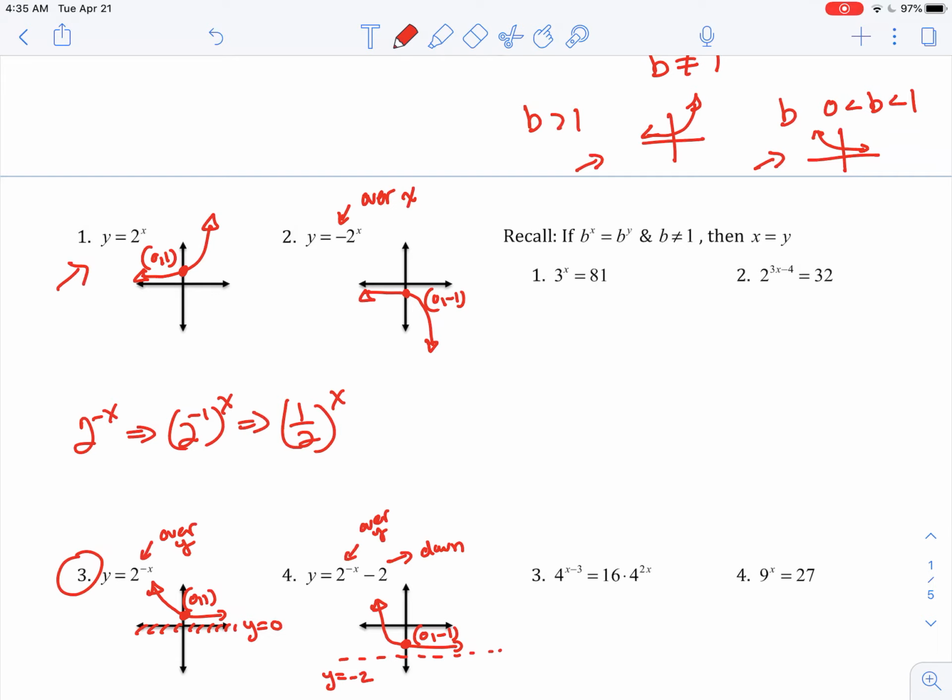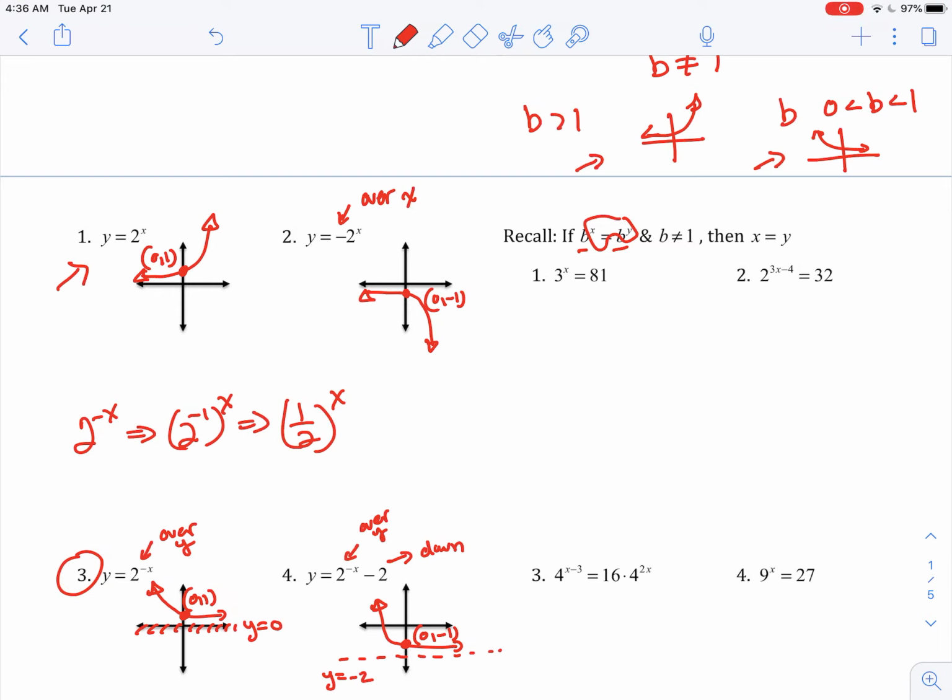Now recall back when we were working with exponents, when our quantities were equal and our bases were the same, then we knew that those exponent quantities had to be equivalent.